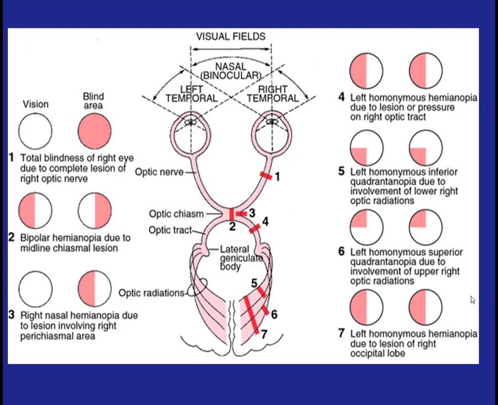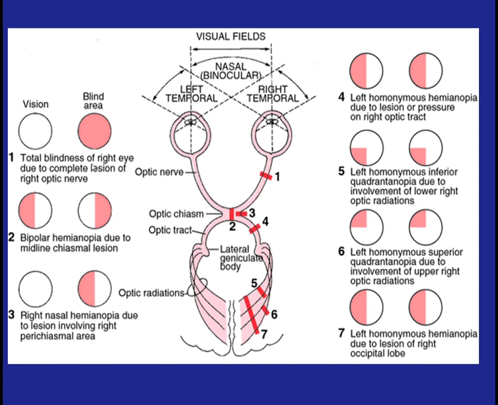So, let's analyze different types of visual pathology, at different levels. For example, when this nerve is affected, the optic nerve, what can our patient have?